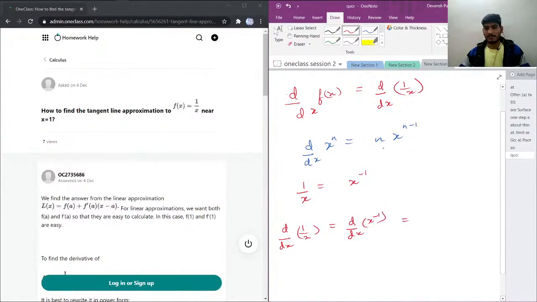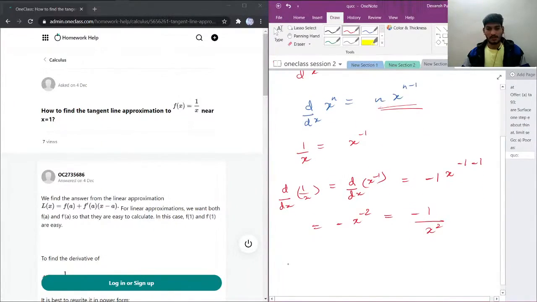And by using this rule, I can write x minus 1 and this will be minus 1. So this will become negative of 1 over x square.